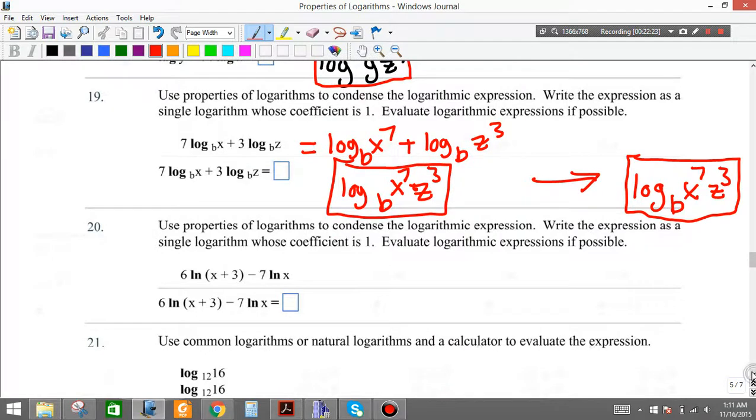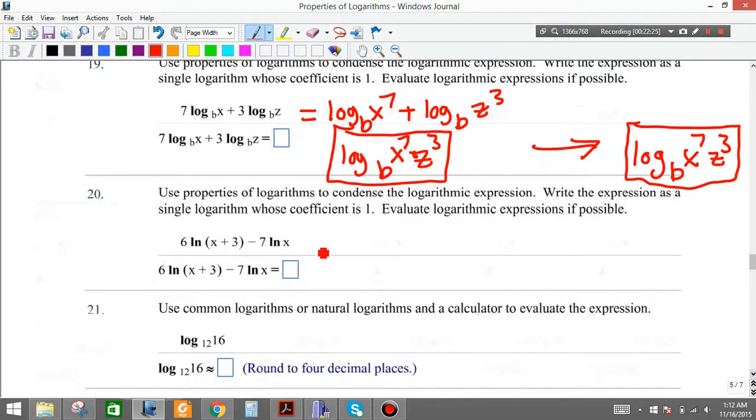Here's subtraction with the natural log. Again, all powers go in front. Can you see that this would be the natural log of the ratio, because this is subtraction? There's an x plus 3, and then that has a power of 6. And then there's an x, and that has a power of 7. And again, this x to the 7th is in the denominator because that's a minus, and that power is 7.